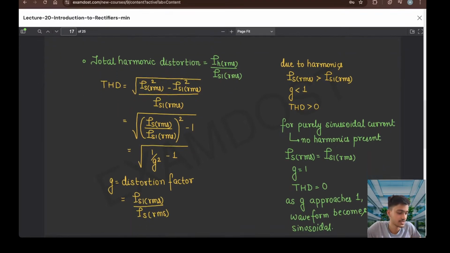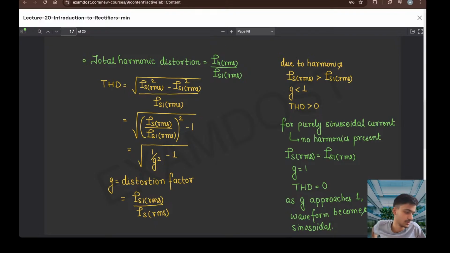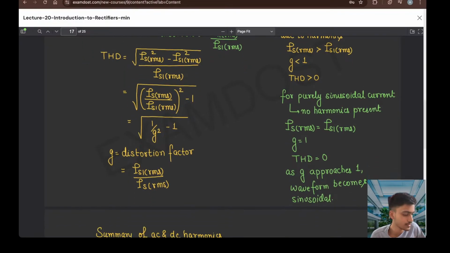ठीक है, इसमें आता है डिस्टॉर्शन फैक्टर, जिसका फॉर्मूला आएगा desirable बटे IS1 average, IS1 RMS, like the fundamental one, and the total. There was total by desirable, that is average, and RMS. Okay, so that's the difference.